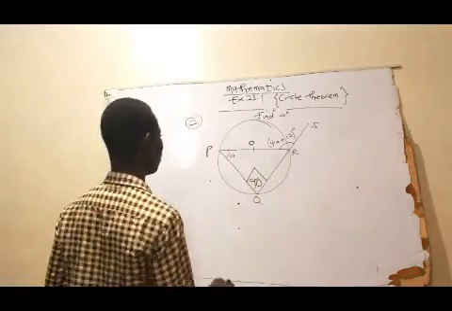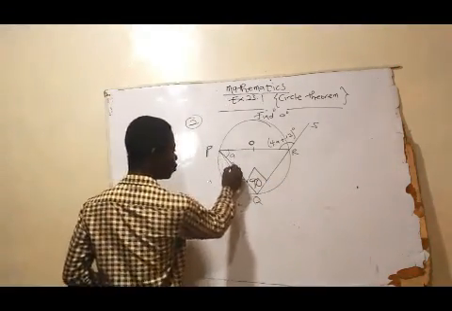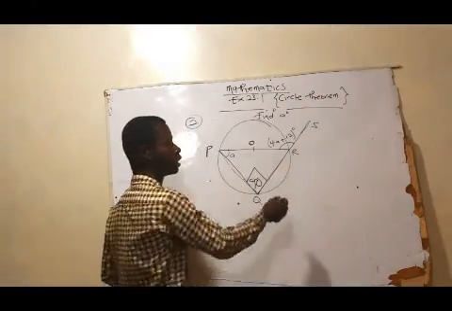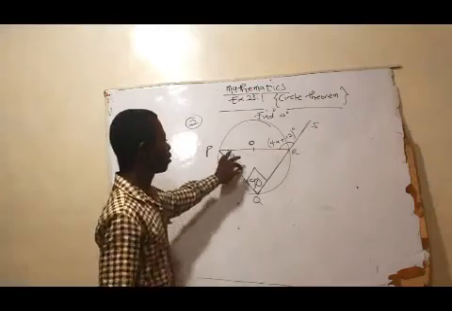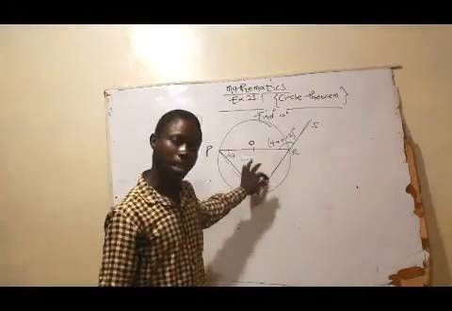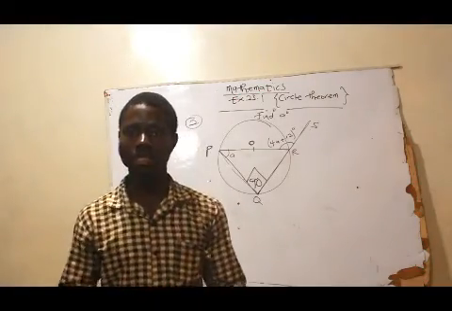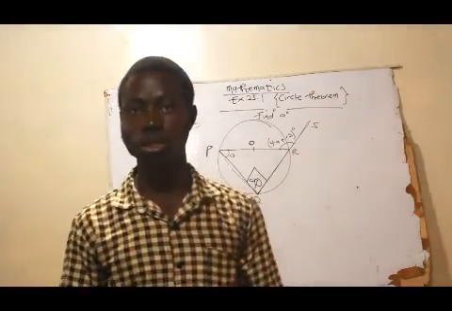When we draw this L from this side to this side, it appears outside here, which tells us that when we sum these two angles up, we get this angle. That's what I advise my students to do.